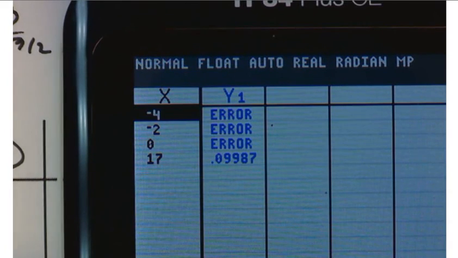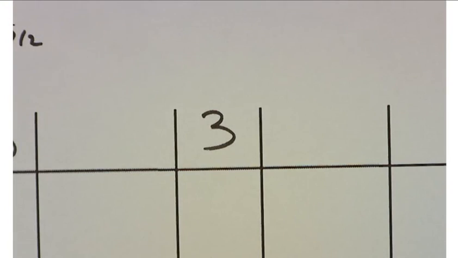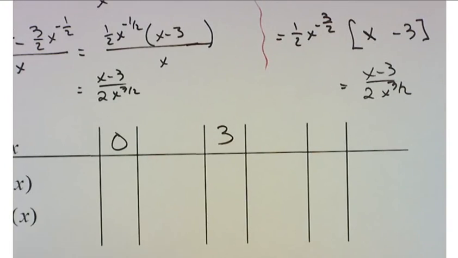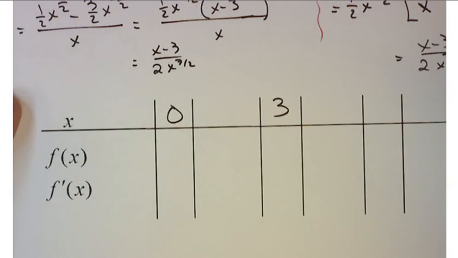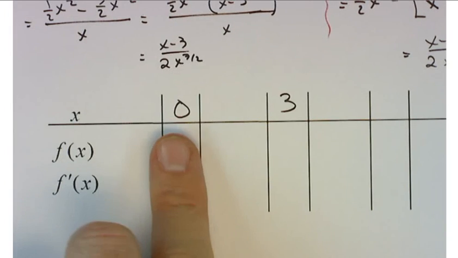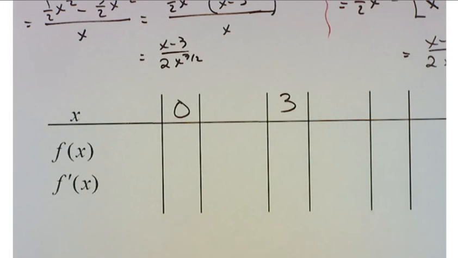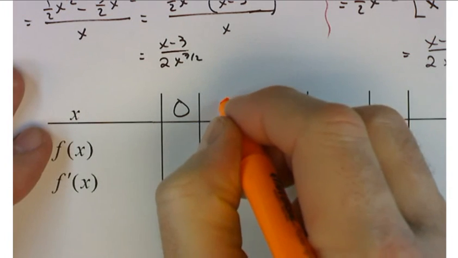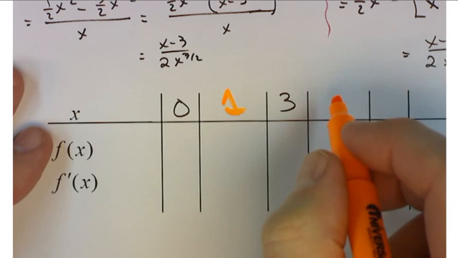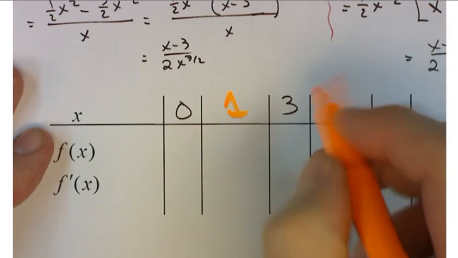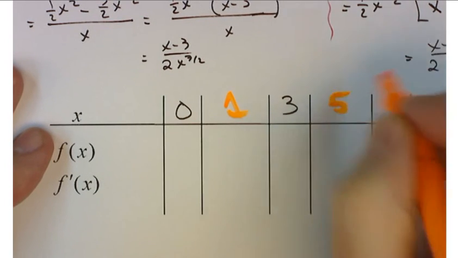I got a lot of errors here, so that's because of my old values. Let's go back. Remember, the domain is 0 to infinity. So there's nothing to the left of 0. I don't have to test anything there. I have to test 2 points. I have to test something here between 0 and 3, and something to the right of 3, say a 5.